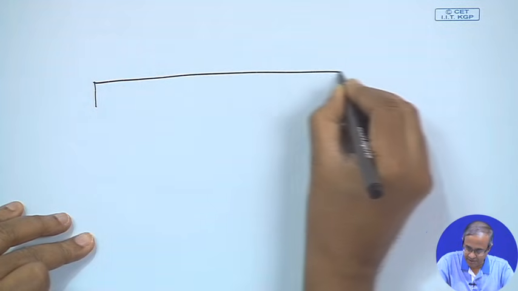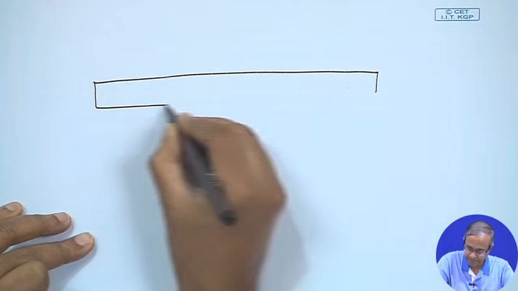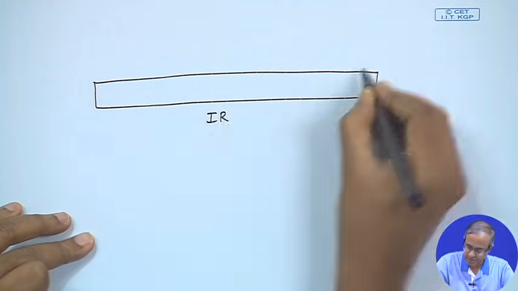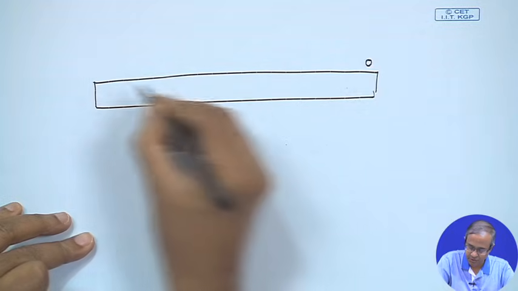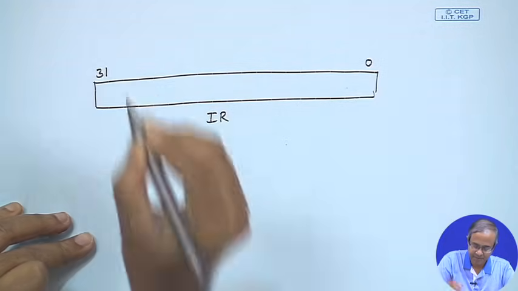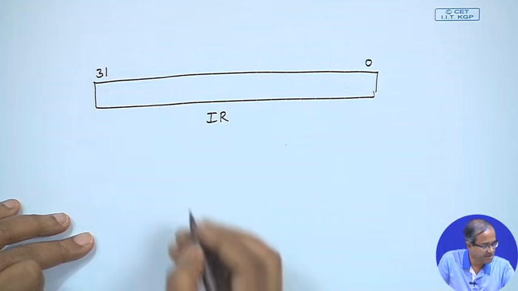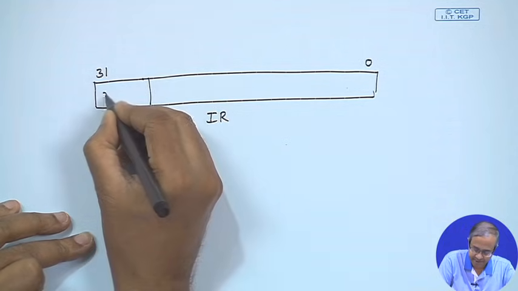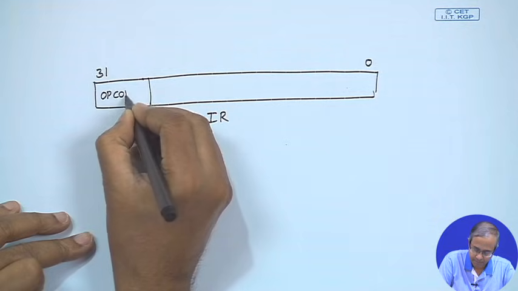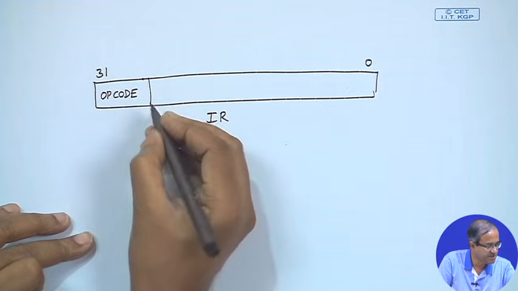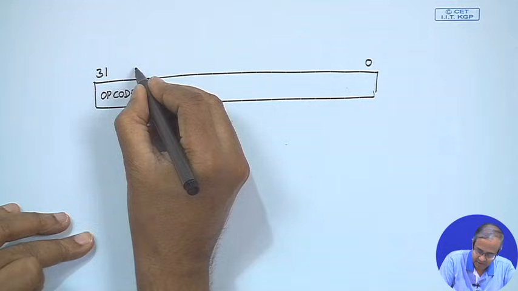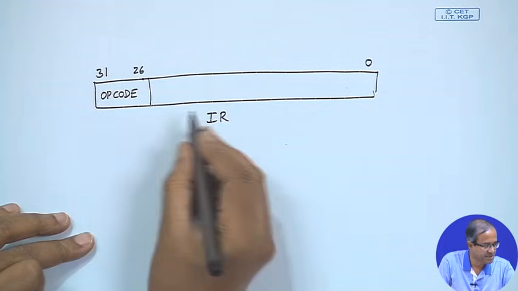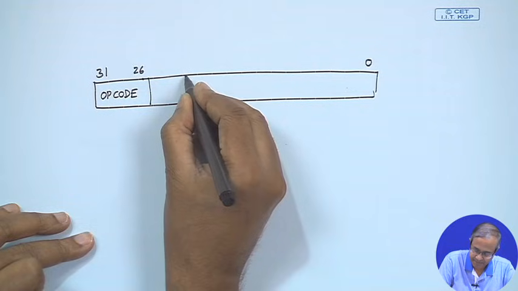Suppose I have a 32-bit instruction register. So, bits let us say from 0 to 31. So, what are the different fields? I have the first 6 bits as the opcode. First 6 bits means bit number 31 to bit number 26. Then I have 3 register operands.